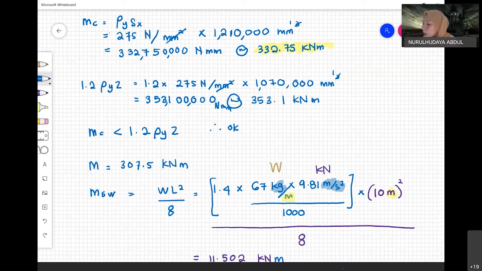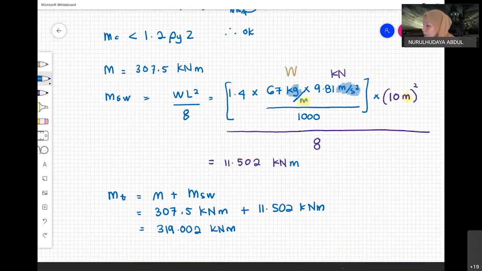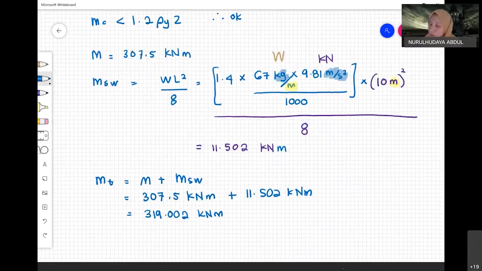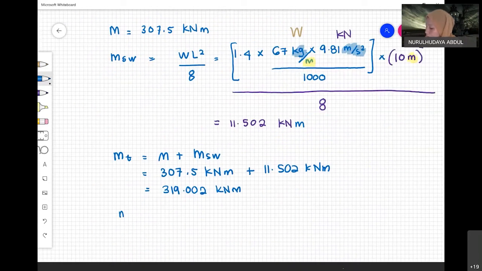So kita kena make sure that MT is less than MC. And value dia actually less because this is 332.75 and this one is 319.002. So MT is less than MC. Apa maksudnya? Proposed section is suitable lah.